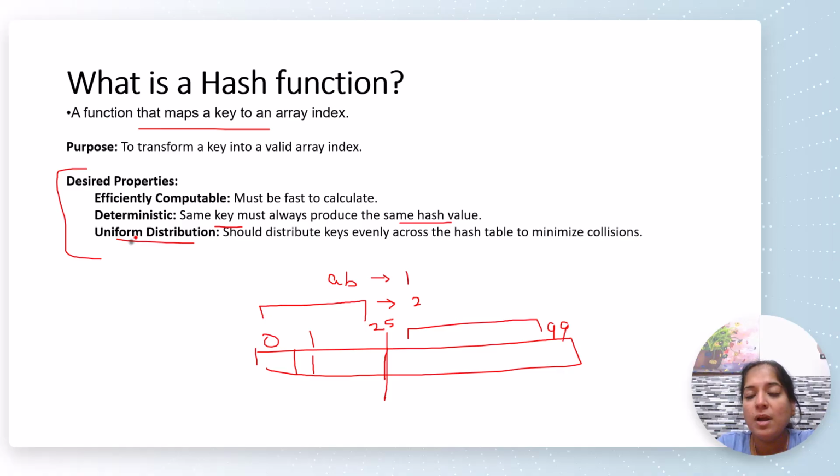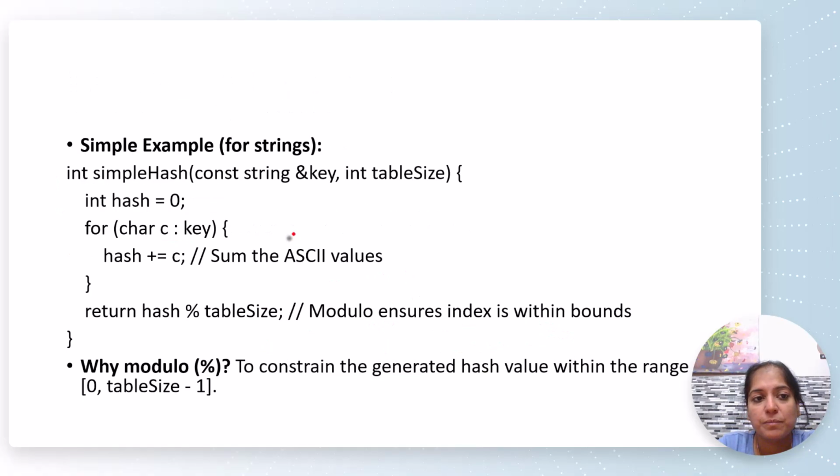This is a demo code for a simple hash. We are taking a string, the keys are of type string, and this is our table size.